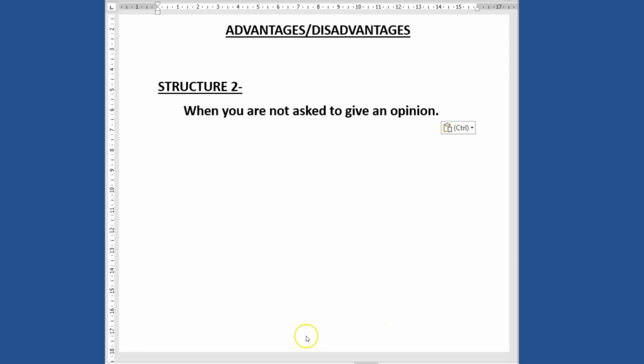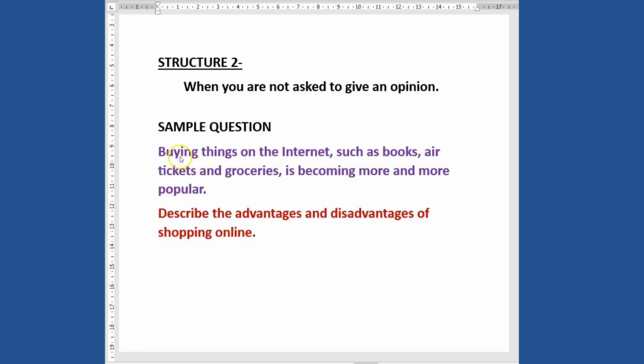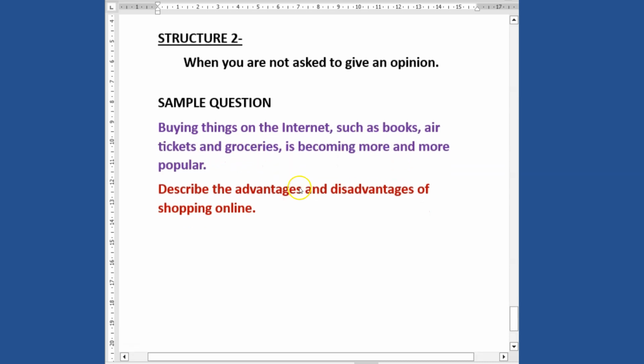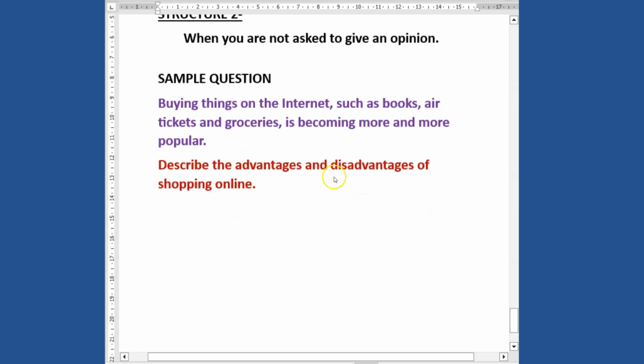All right. So when we are not asked to give an opinion in an essay, how do we go about it? Let's see a particular example, and then we will know how to deal with it. These are sample questions which state that buying things on the internet, such as books, air tickets, and groceries, is becoming more and more popular, and we should describe the advantages and disadvantages of shopping online.